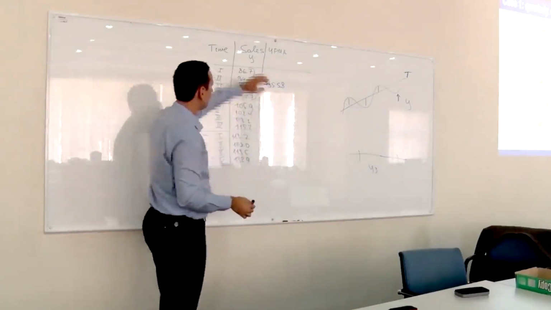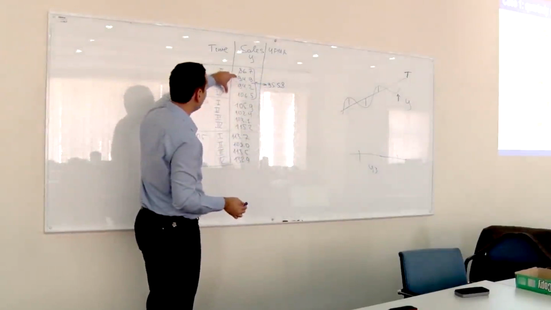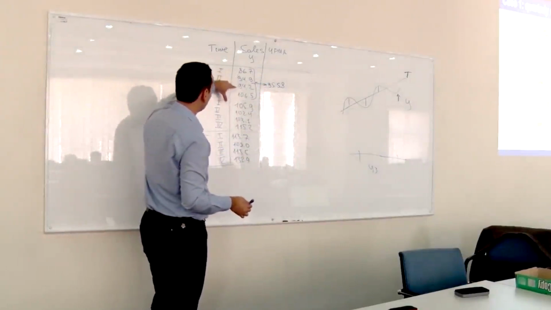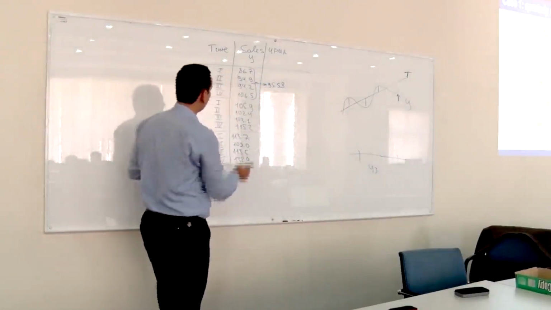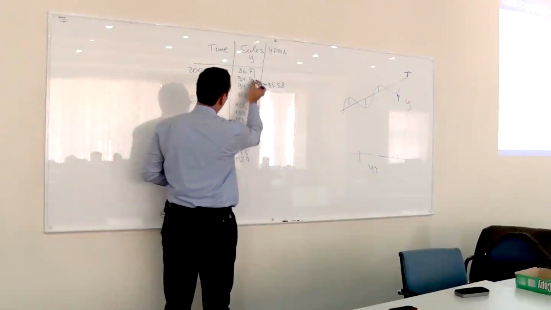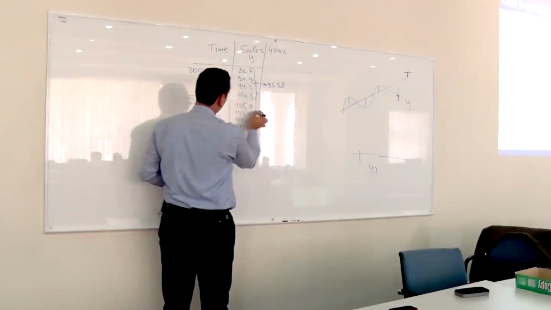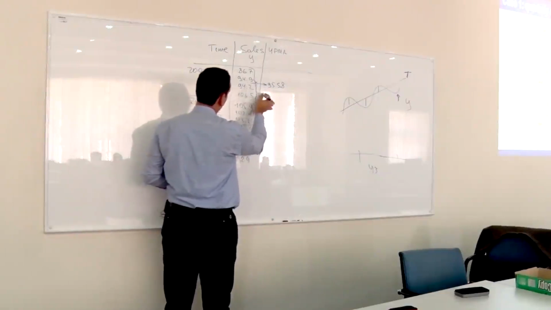Now the next 4-point moving average starts from the second number. 1, 2, 3, 4. Now you take these 4 numbers, and you write the average in between these, right here.